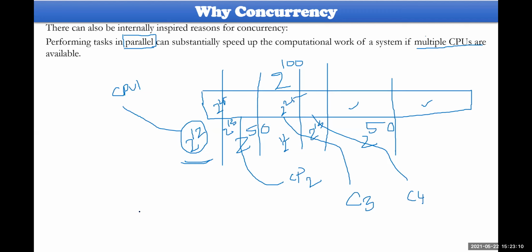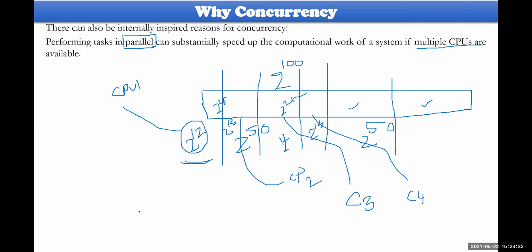Then you could get the answer very easily in very, very little time. So that is why, if you have multiple CPUs available, the parallel execution of the problem or process will be very easy to perform.